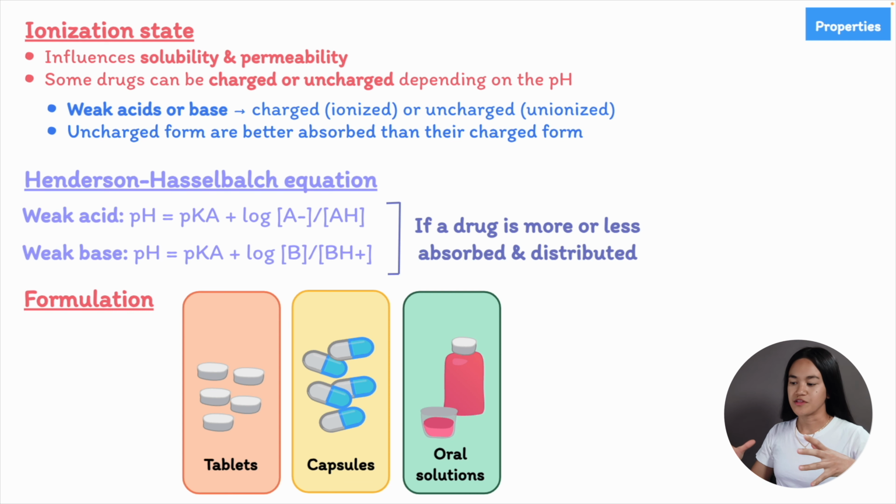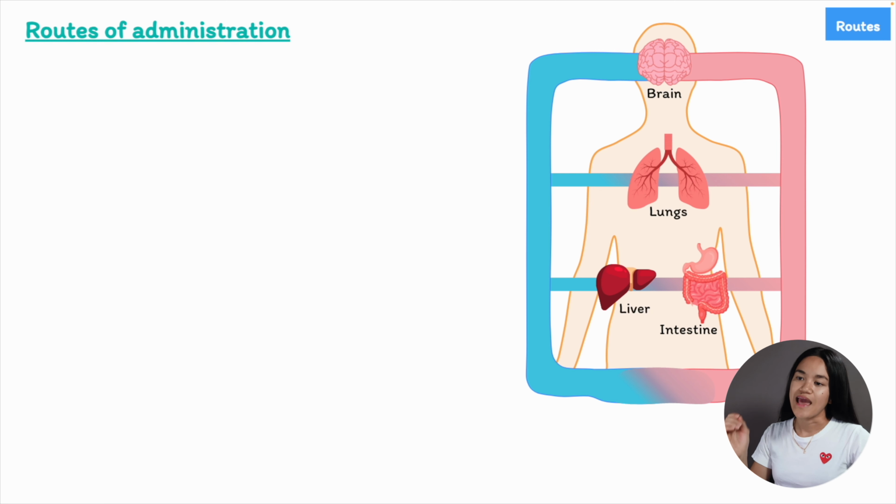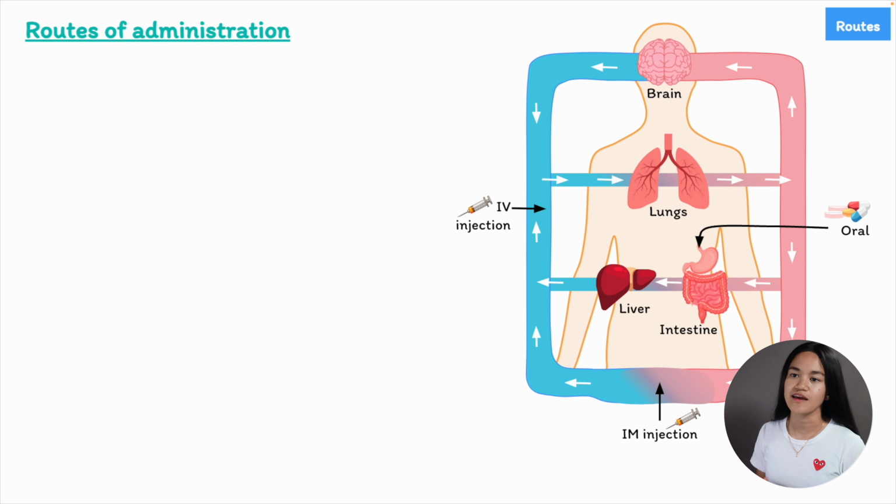Now that we've talked about the basic properties of drugs, the next thing we're going to break down is the different routes of administration and how it influences absorption, because the path a drug takes into our body significantly affects its absorption rate. Okay, imagine it like choosing between different entry points into the city. Each route has its own characteristics impacting the speed and efficiency of drug absorption.